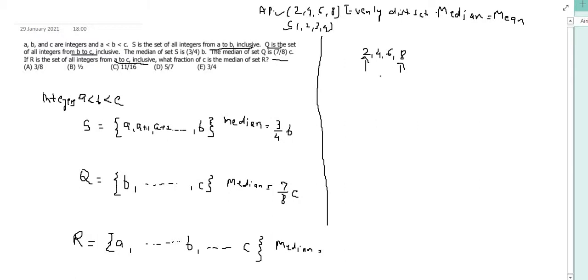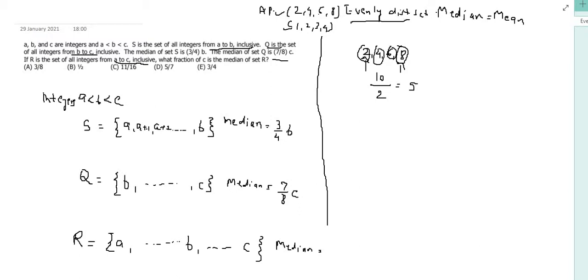I get 10, divided by 2 since I am adding just two numbers, so I'll get 5. If you actually do that, you'll see 5. So if you add the first and last term, or the second term and second last term, and divide by 2, you can get the average of that set, provided you have an evenly distributed set. Very important. This is the same concept that I am going to use in this question.